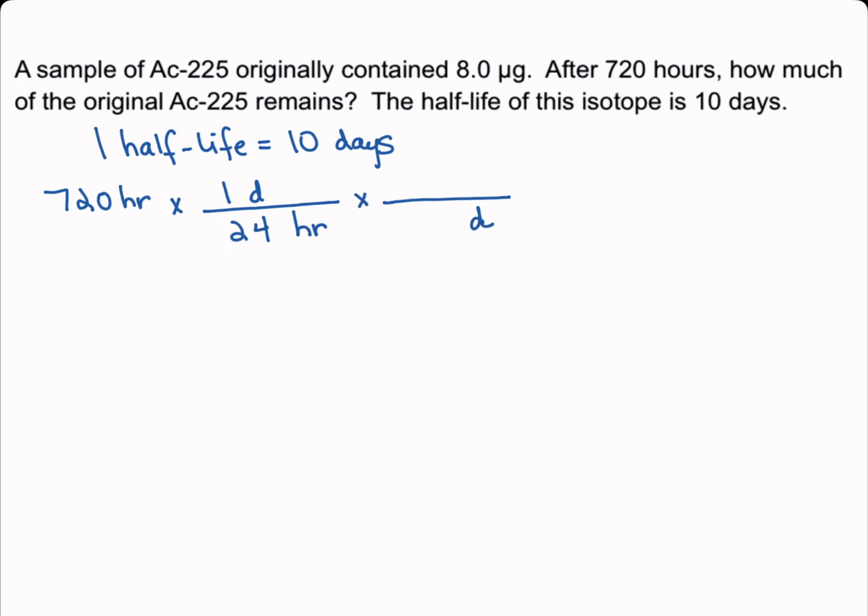We have a relationship between days and half-life. 1 half-life equals 10 days. Hours cancel out, days cancel out, and we're left with half-life. So this will equal 3 half-lives.